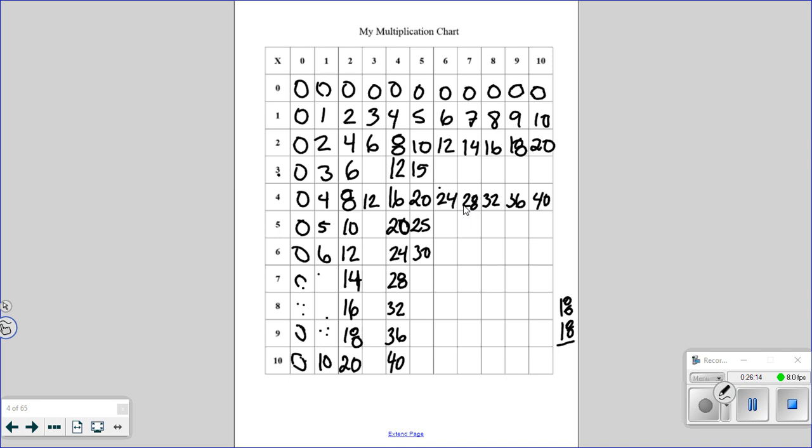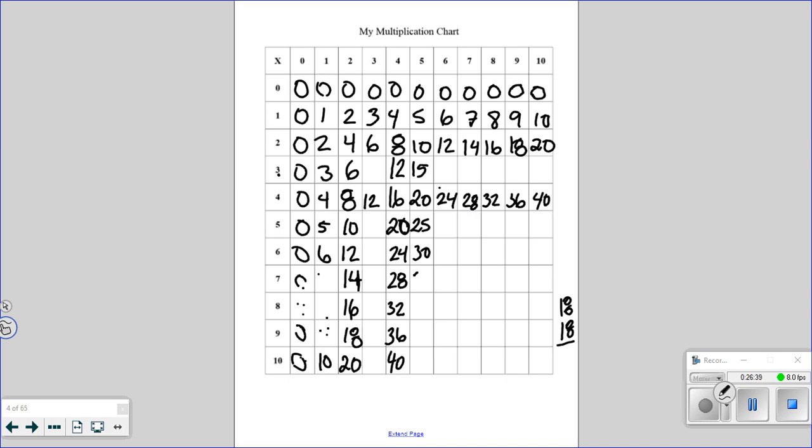Which strategy you want to use? You want to do skip count or add on? Okay, ready? We're going to start at 30. We're going to add 5 more. We're adding 1s. 30, 31. So what is our next answer?